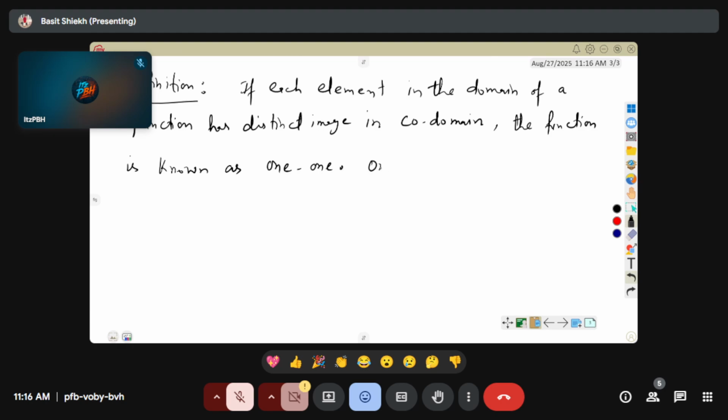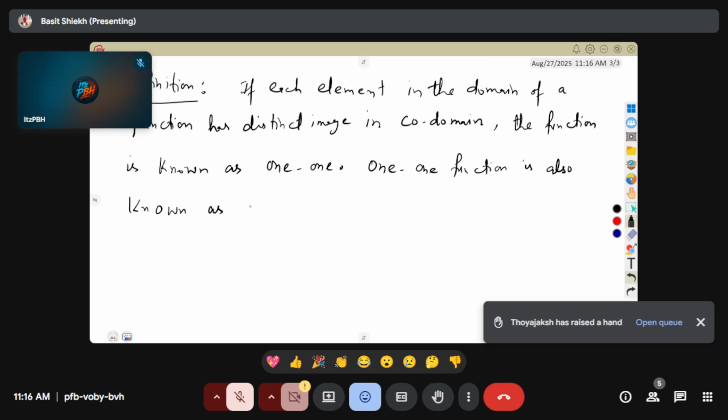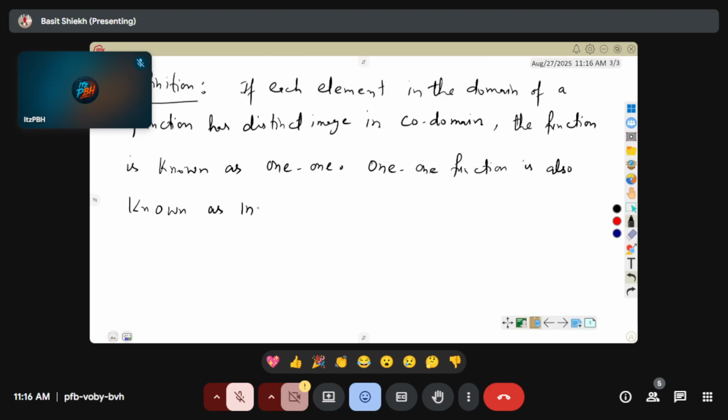And we can say a one-one function is also known as an injective function.